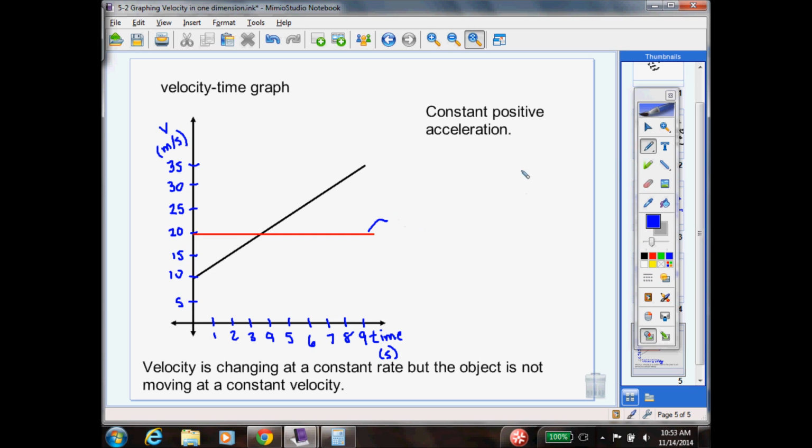If the slope is 0, no change in what? Velocity. Good. No change in velocity. But what about the position? The position, good. Say that.